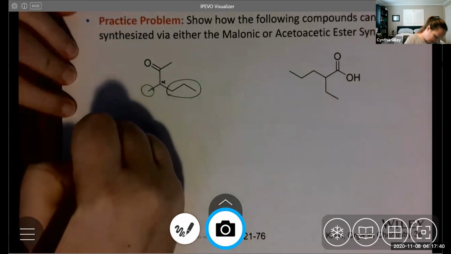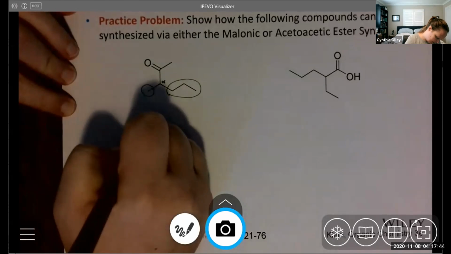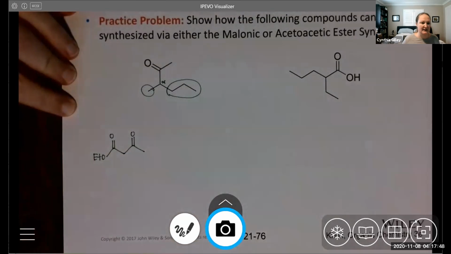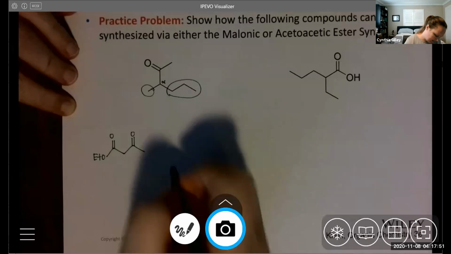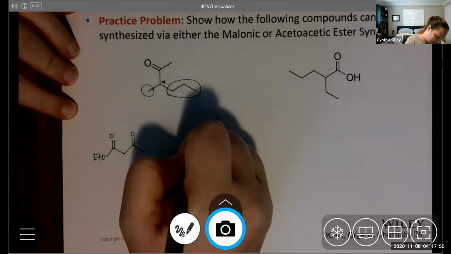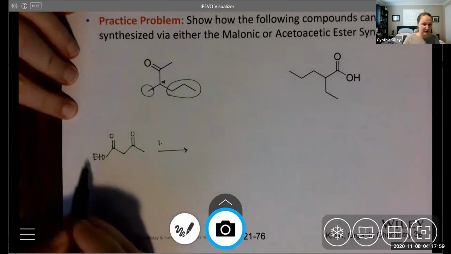So starting off, we can draw either ethyl or methyl acetoacetate. And we can do an alkylation. And again, we're going to use the matched alkoxide.